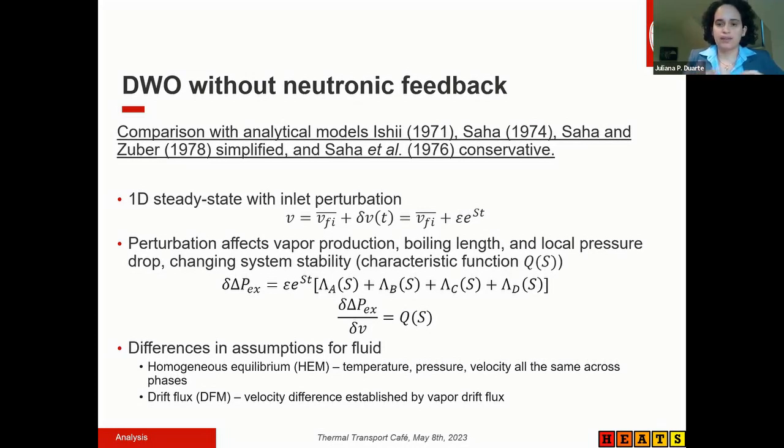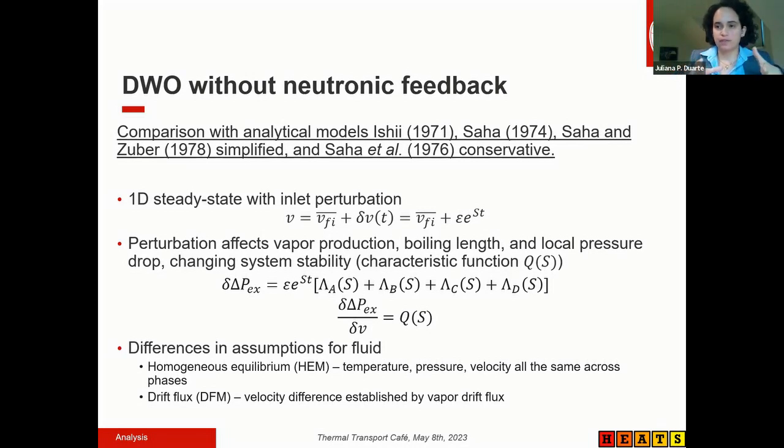But first we went back to the 70s, and there are some very useful models that use the drift flux model to predict the onset of density wave oscillations. So we compare mainly with four models. Ishii, Zuber has a simplified model that I'm going to show in the plot, and Ishii and other authors also have a conservative plot that I'm also going to show. But the idea is we have the drift flux model that we can solve analytically.